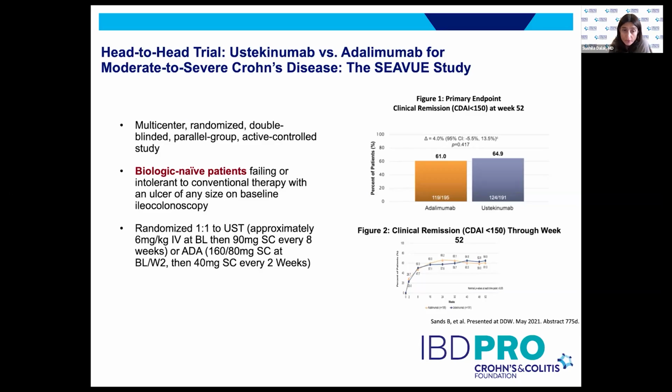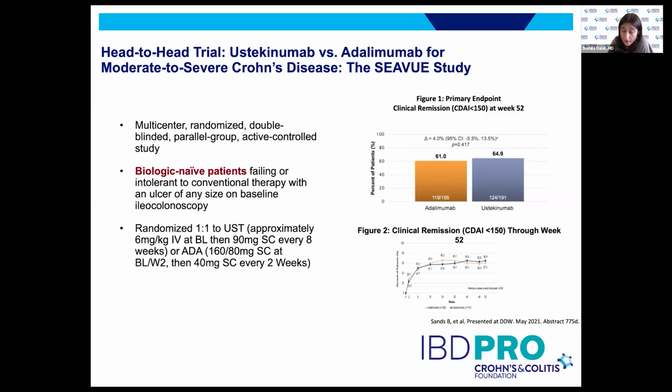This was a multi-center, randomized, double-blinded, parallel group control trial of biologic naive patients. So recall that biologic naive patients, who have never been on a biologic before and this is their first drug, usually do the best. The first drug is usually your best. And so these are bio-naive patients who are failing or intolerant to conventional therapies like mesalamine or azathioprine, and had an ulcer of any size on their baseline ileocolonoscopy.